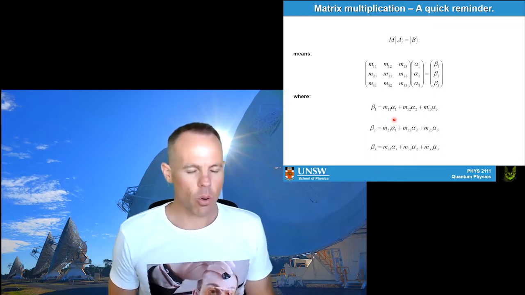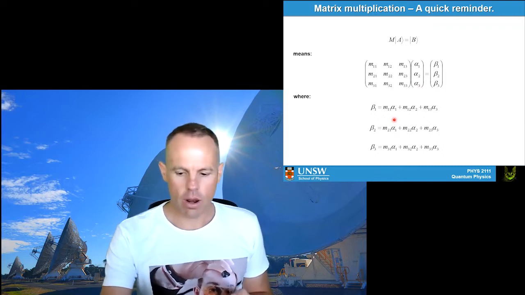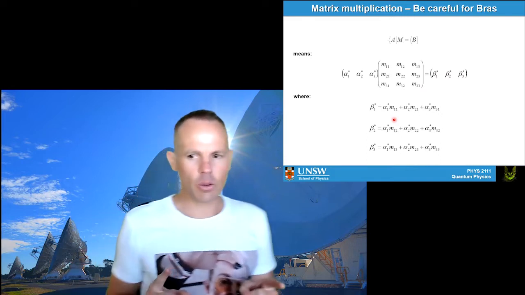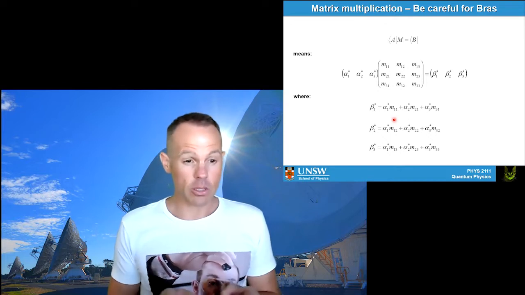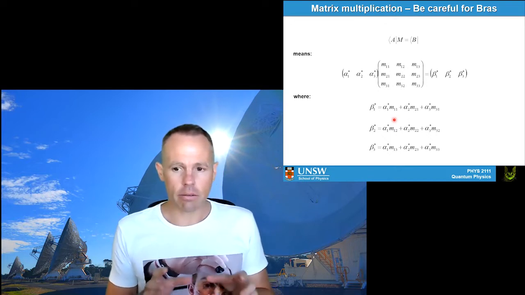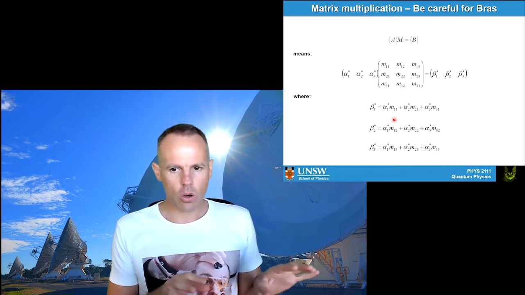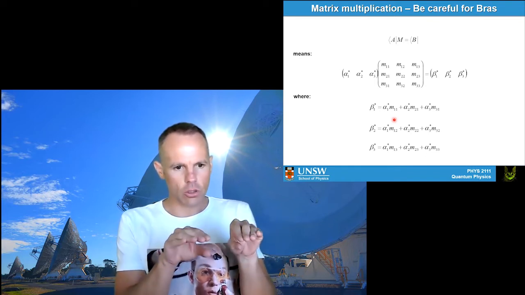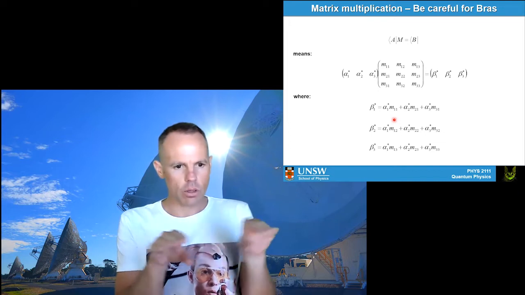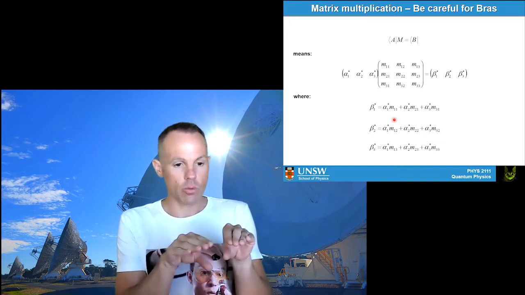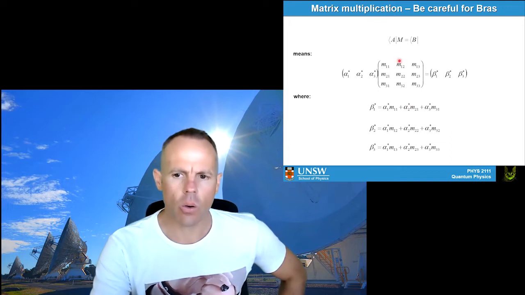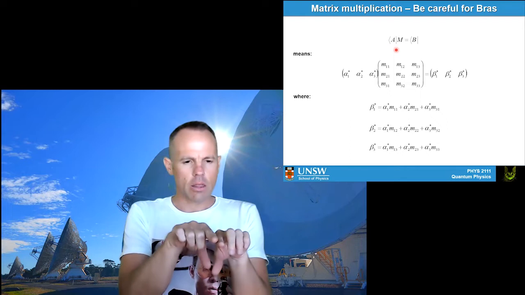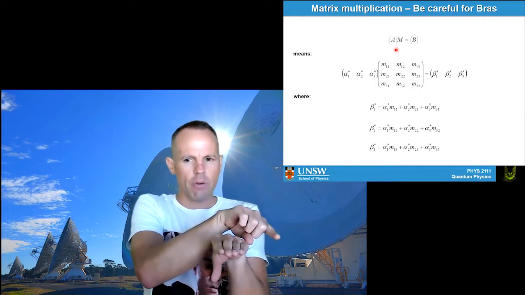The reason I wanted to point that out is that a lot of people are not familiar with the way you need to do the multiplication when you're dealing with bras, okay? This is important because there's an aspect here not just of conjugation, but of the order in which you do the mathematics when you write these things. If you go along in quantum mechanics, you'll very rarely see the operator M put in front of a bra.